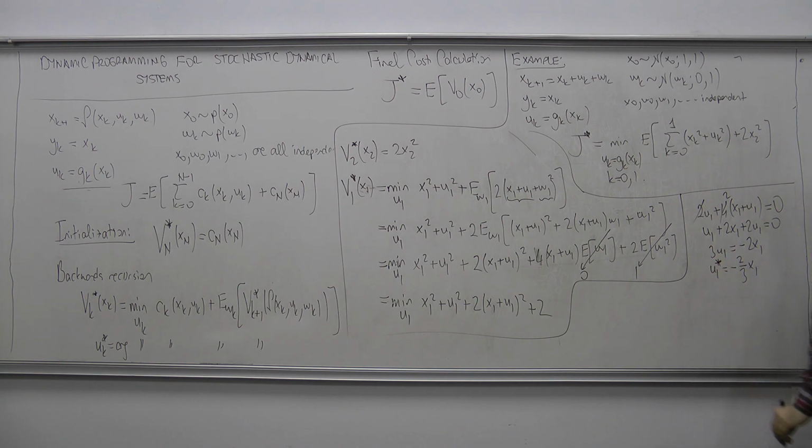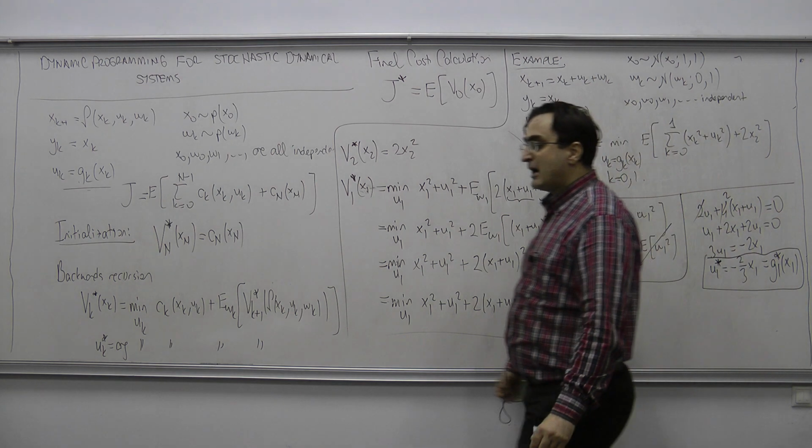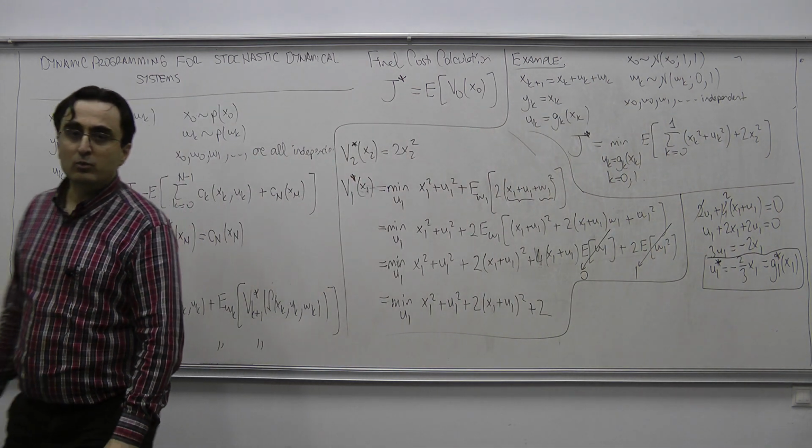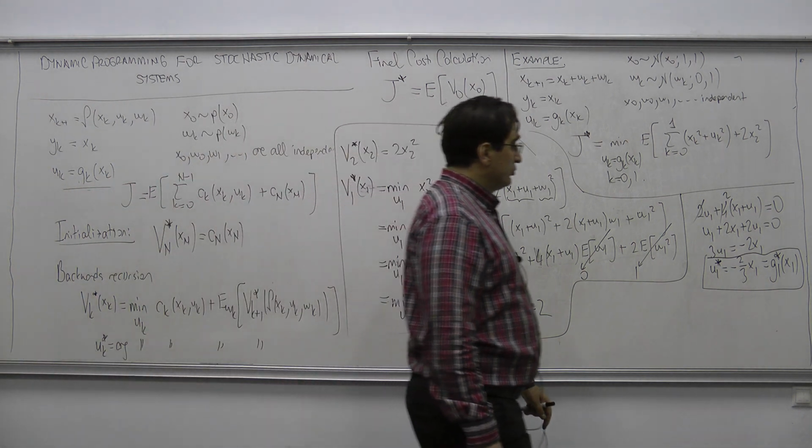I will just put a star onto this u1. Okay? So this is my g1 star of x1. So this is the optimal input at time 1. This is the optimal feedback strategy at time 1. And we see that it turns out to be a linear feedback rule.